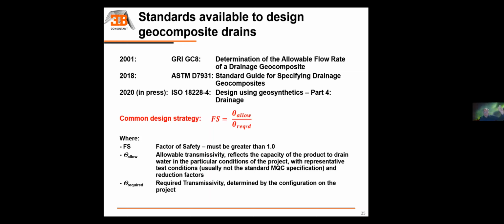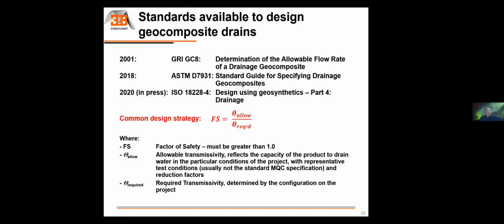So there are 10 different documents which are going to be published. The first ones to be published and available for the market are numbers 1, 2, 3, and 4. Number 1 is general considerations, number 2 separation, number 3 filtration, and number 4 drainage. This one will be published during the year 2020, unless it's postponed because of the coronavirus situation. But normally it should be out on the market during the current year.